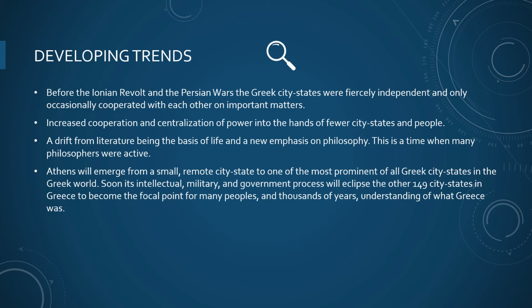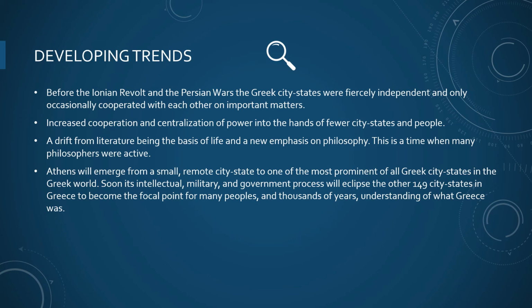And this is also a key time when we'll begin to see Athens emerge from a small remote city-state to being one of the most prominent of all Greek city-states in the Greek world. So there were over 150 city-states in Greece. And we know of 150, there were probably a couple more that we're still trying to find.